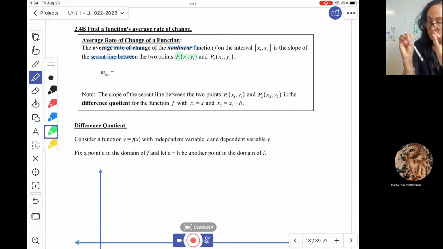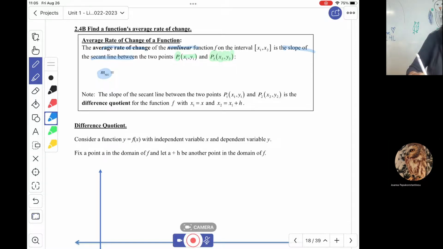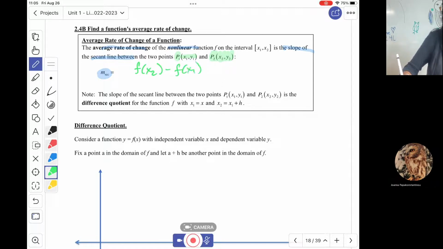Those little subscripts just say, hey, I'm the x and the y value for the first point and the second point. So if I wanted to write the slope of the secant line, slope m, little subscript SEC means I'm looking at the slope of the secant line. Using function notation, it would be the function evaluated at the second point minus the function evaluated at the first point over the change in our x values. Fair?